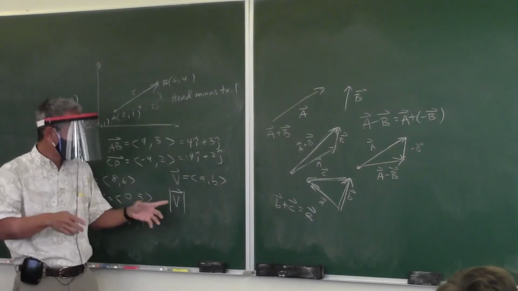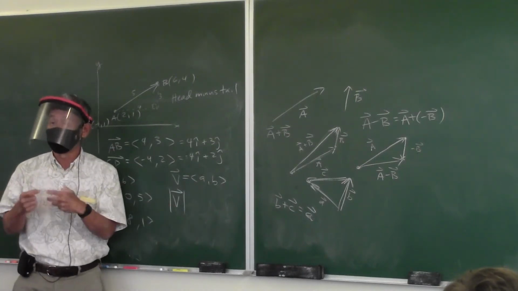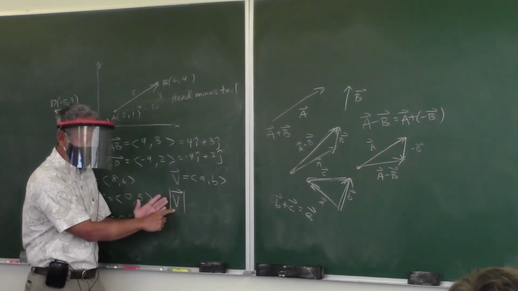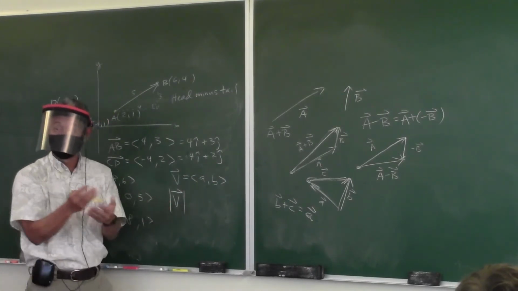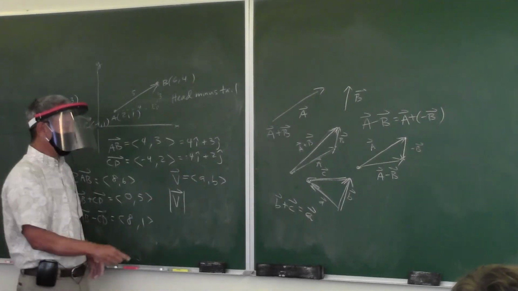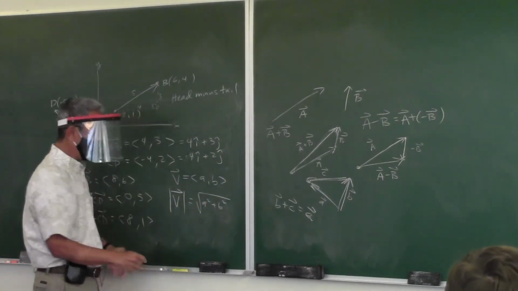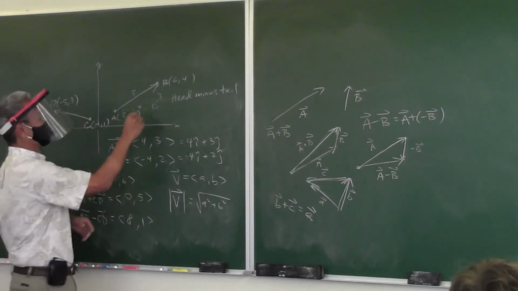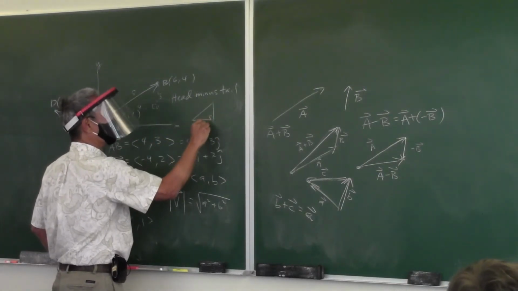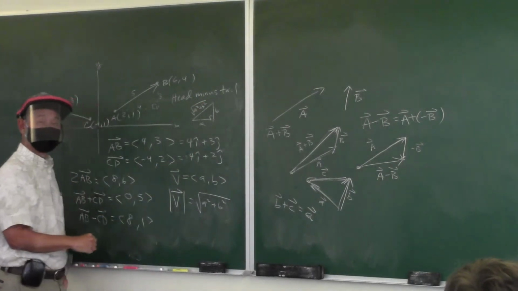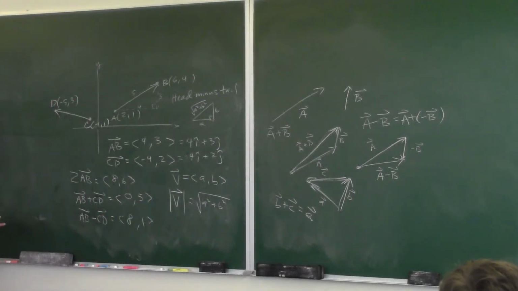When you have bars with a vector, that means the length or the magnitude of it. Like if that's velocity, the magnitude of velocity is speed. Anyway, it's the square root of a squared plus b squared, right? Because if you have a right triangle, with legs a and b, by the Pythagorean theorem, isn't that the hypotenuse? So again, no need to draw a picture.